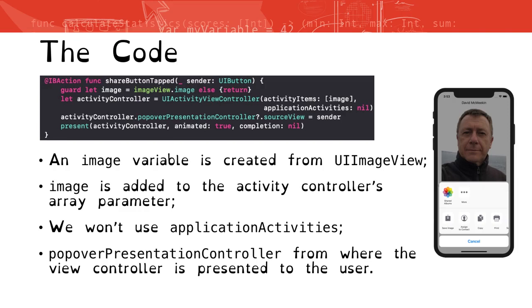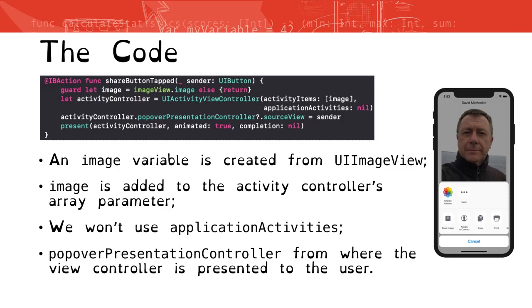The application activities parameter is used for custom services, but we're not going to be using that one, so we'll leave it as is. The popover presentation controller is about where the controller will actually be presented to the user on the screen. On small iOS devices, such as iPhones, it has no impact as it's presented from the bottom.